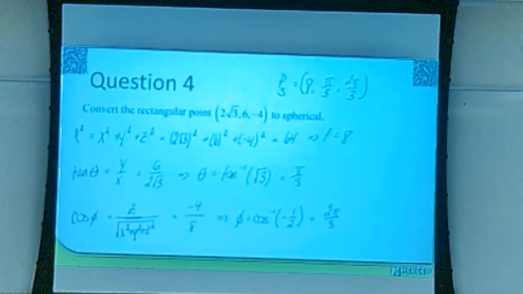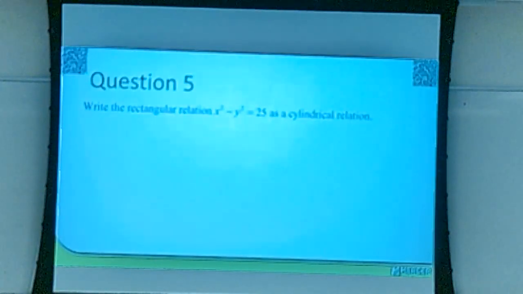Well, what we want to do is convert a set of points between coordinate systems, not just a single point. Relation, curve, same thing. A curve is just the graph of a relation.